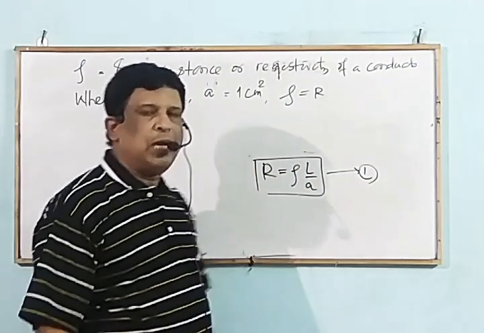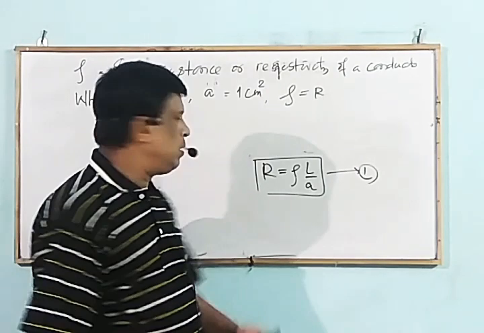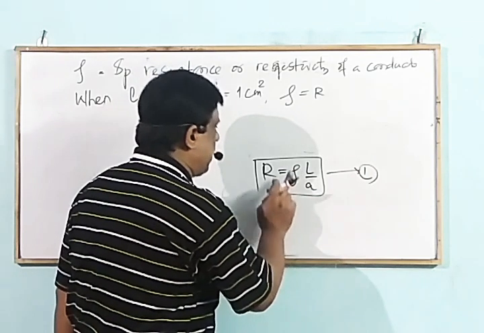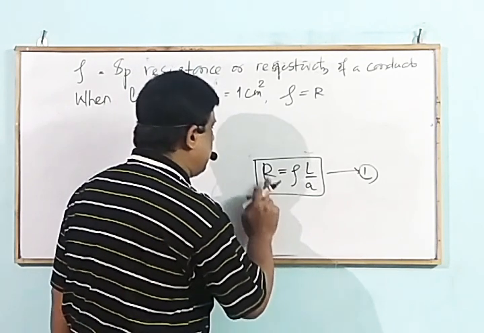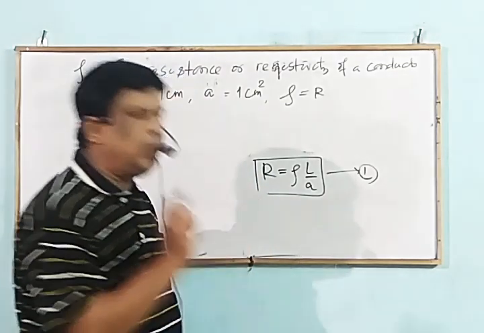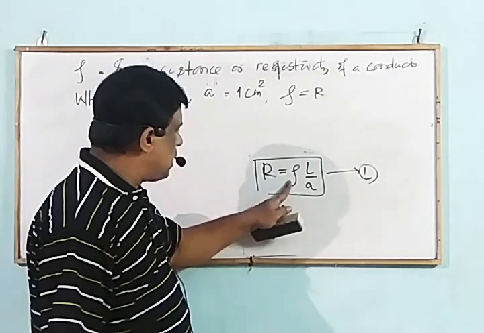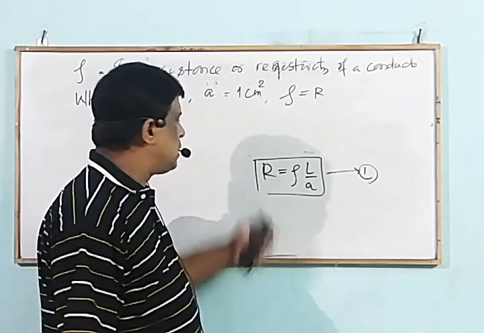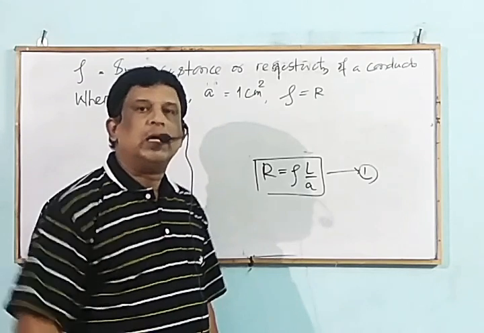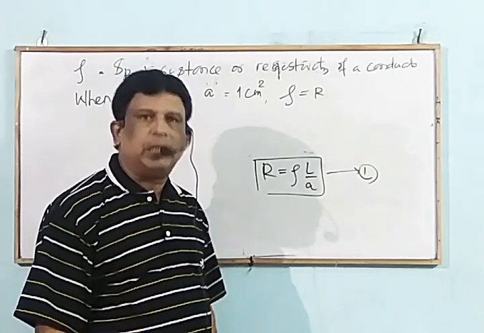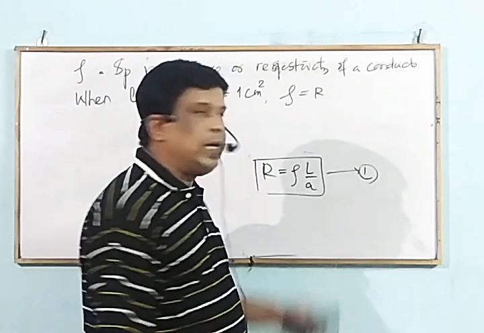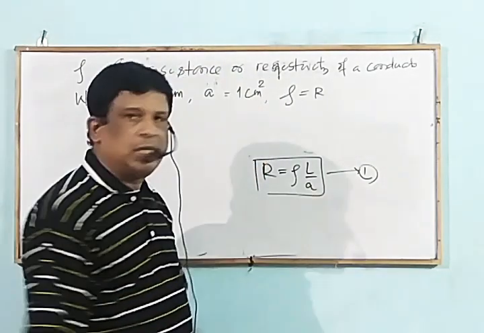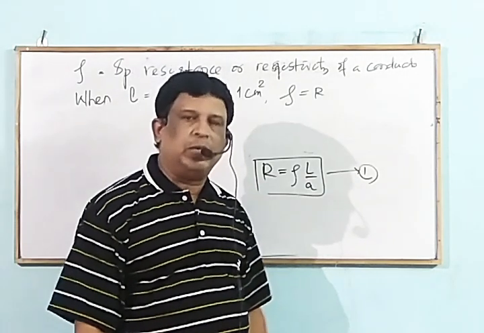So from this one is able to deduce an expression: the specific resistance or resistivity of a conductor is defined as the resistance developed when the length of the conductor is unit and its cross-sectional area is unit.